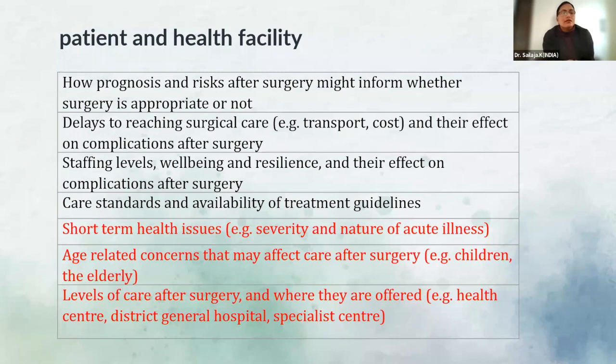So these are the items that were included under patient and health facility. The items shown in red would have been excluded if the deviation in the African group had not been made. Several issues regarding prognosis and risks after surgery, delays in reaching surgical care, staffing issues, short-term health issues, and age-related issues were all included in this category.